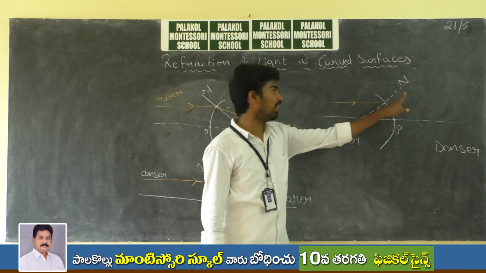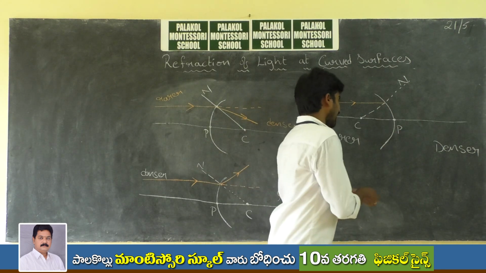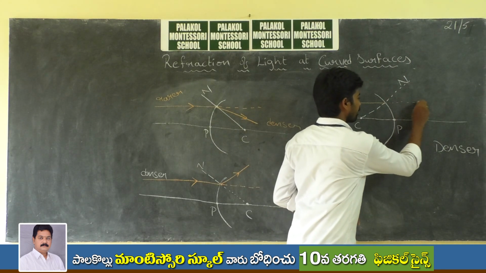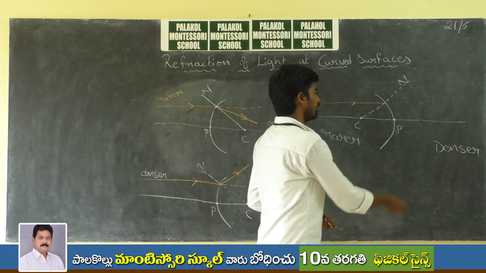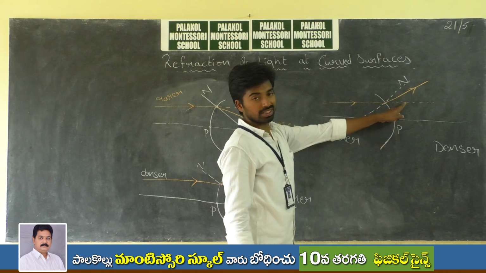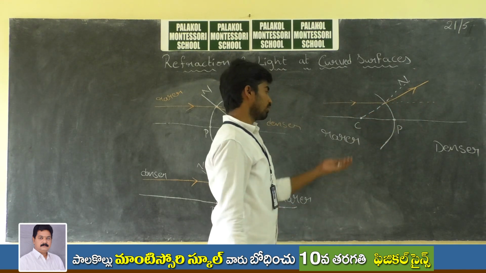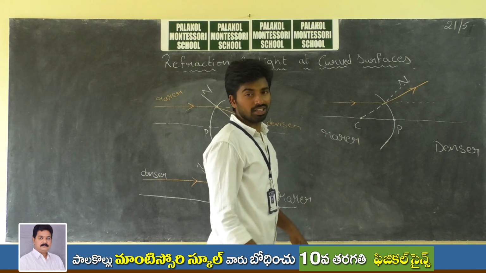That line denotes the normal line for a curved surface. This is the actual path of the light ray. When a light ray travels from rarer to denser medium, it will bend towards the normal. This is the case when the light is incident on a concave surface.